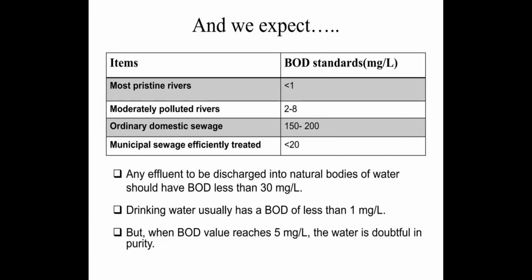Any effluent to be discharged into natural bodies of water should have BOD less than 30 milligram per liter. Drinking water usually has BOD less than 1 milligram per liter. Okay, it's an important thing, drinking water.